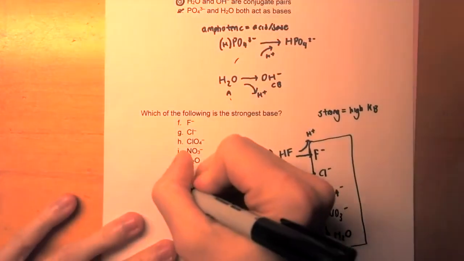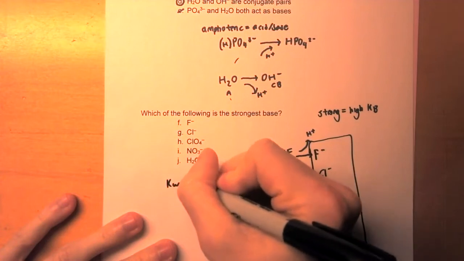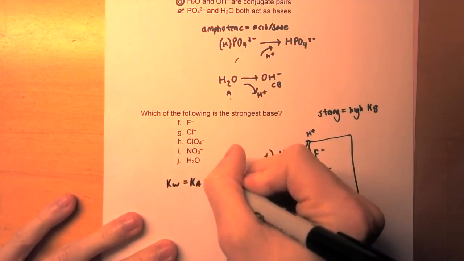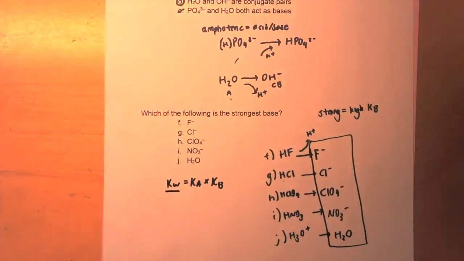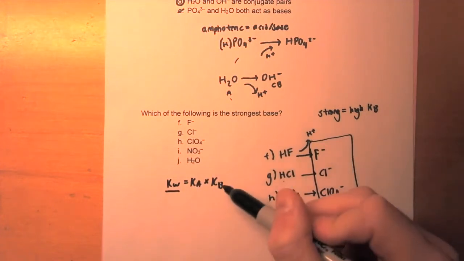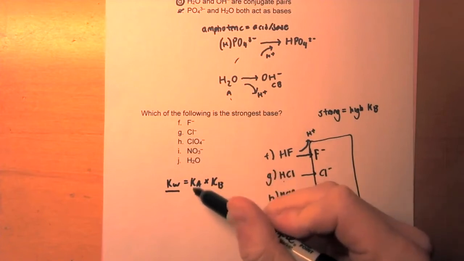How do I know that? Well, we have Kw is equal to Ka times Kb. Kw is always the same, it's always 1.00 times 10 to the -14th. So if Kb is high, these both can't be high. If Kb goes up, this has to go down. Likewise, if this goes up, this has to go down.